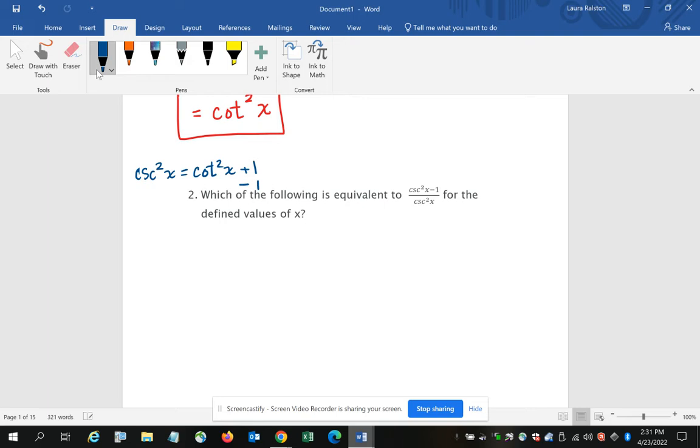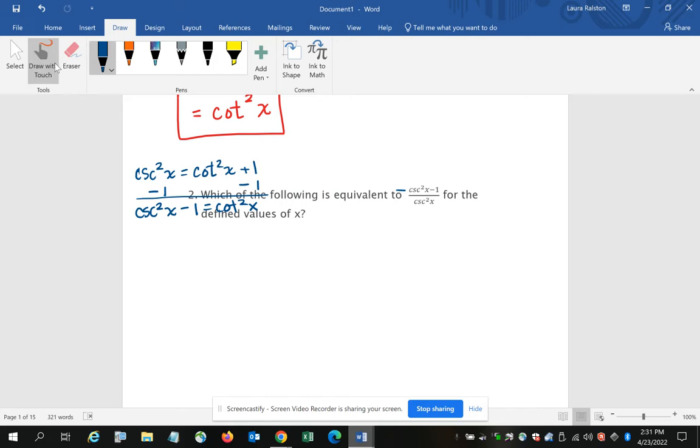If I solve this for cotangent squared, I have cosecant squared x minus 1 equals cotangent squared x.